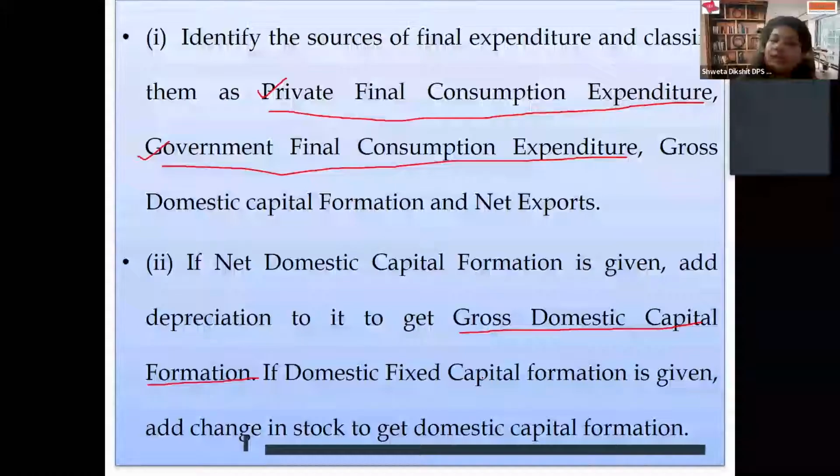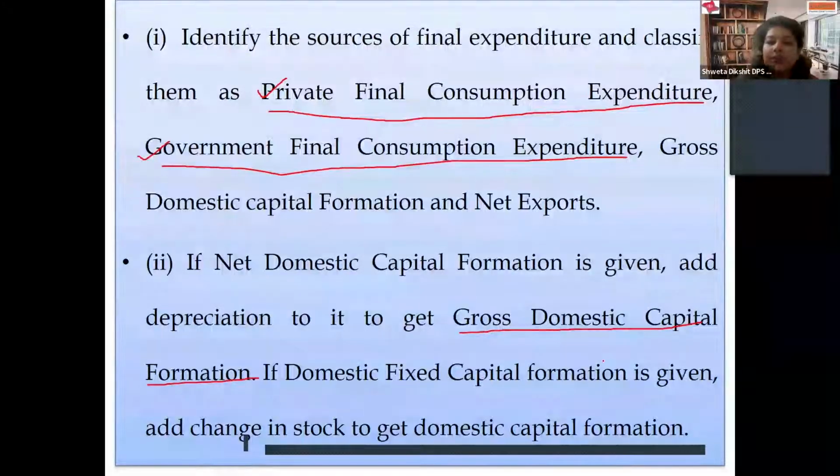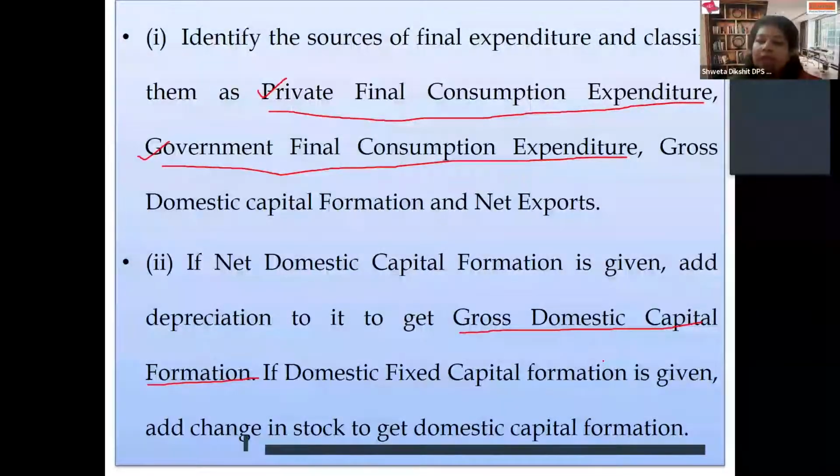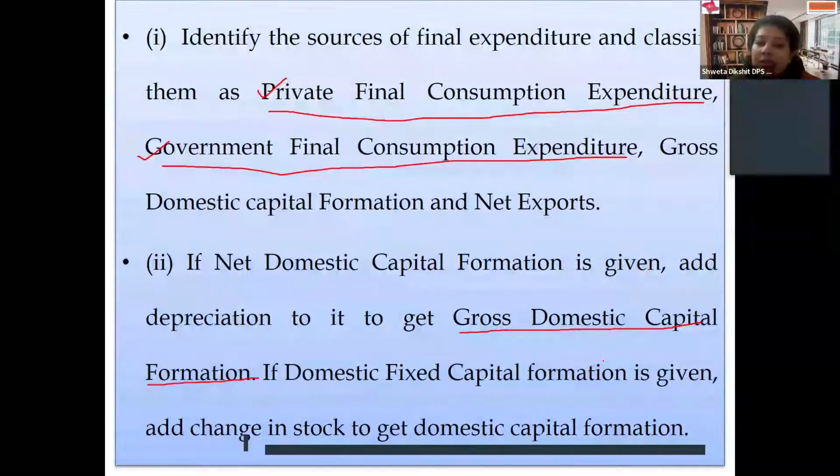But no matter, if you write GDCF, it is absolutely acceptable and you will get full marks for it. Now, this is a little complicated part of this particular method, so listen to me very carefully. Gross domestic capital formation means the value which is created by the formation of capital.